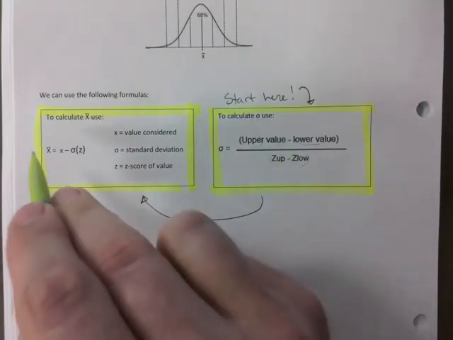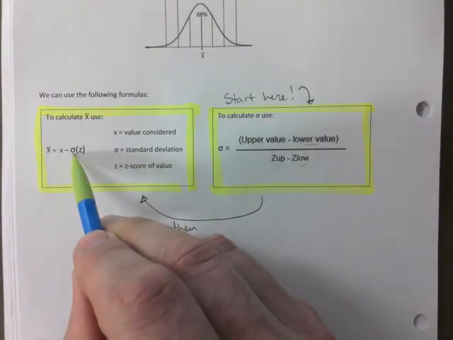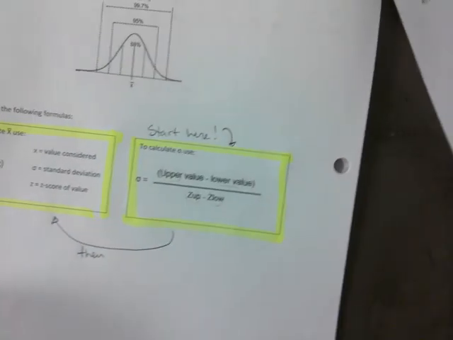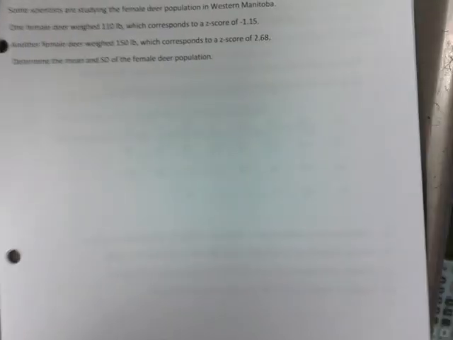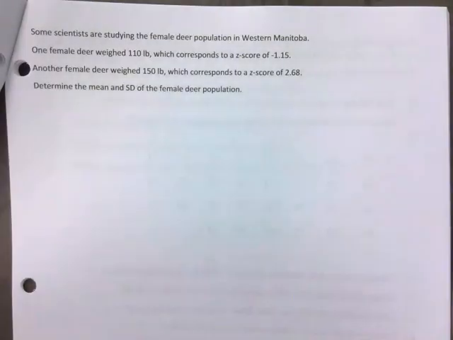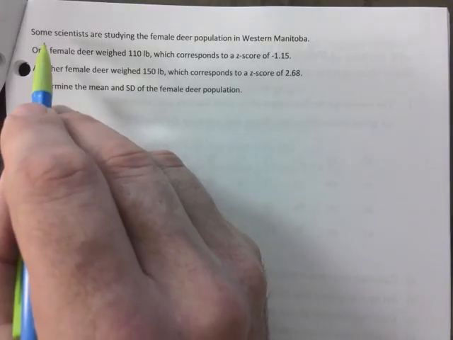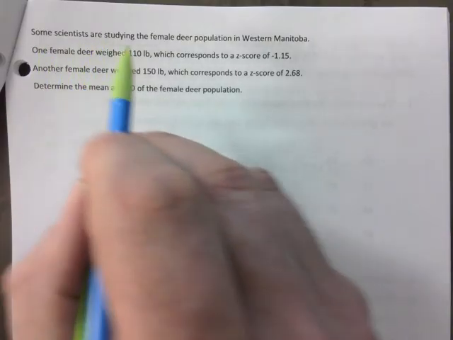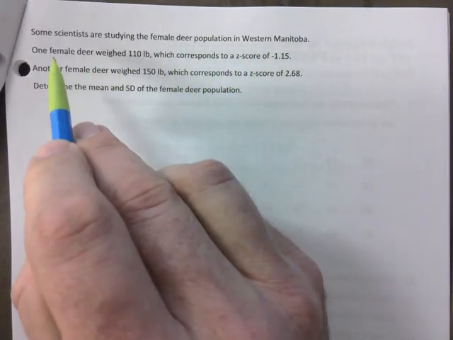So standard deviation, mean. Once you have the standard deviation, you can plug it in here. So let's do a question here. I will skip 52. I will go to 54. Straight to 54. Some scientists are studying the female deer population in western Manitoba.